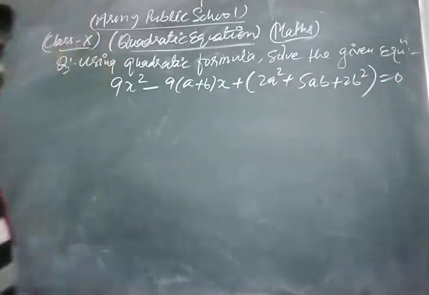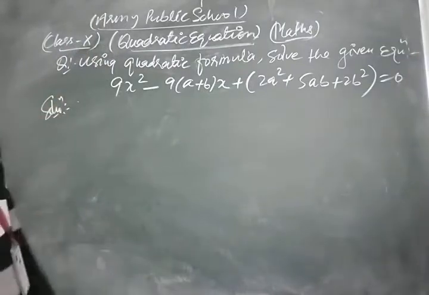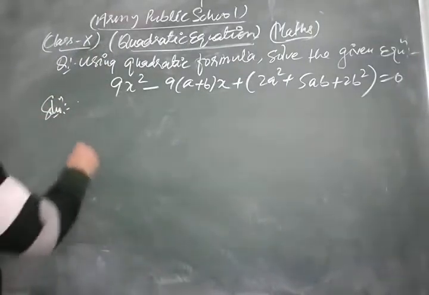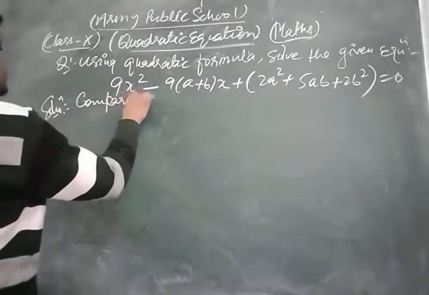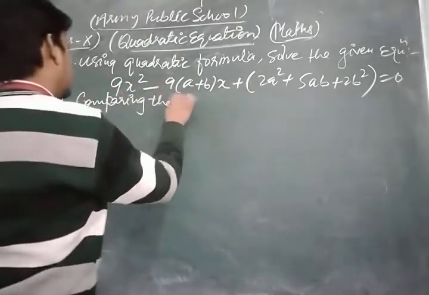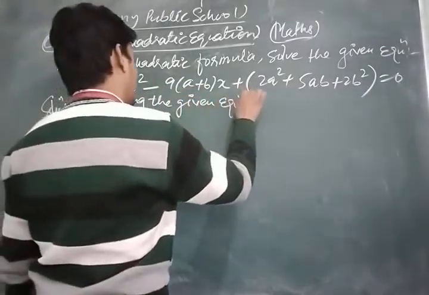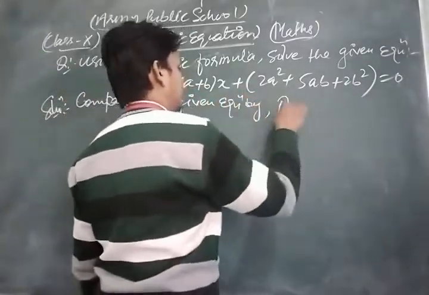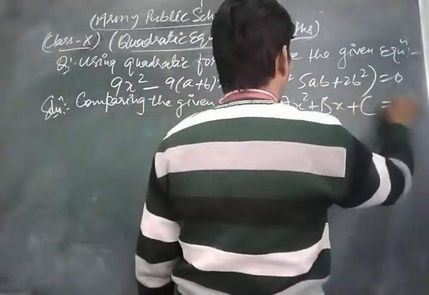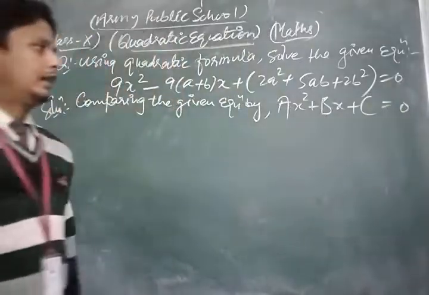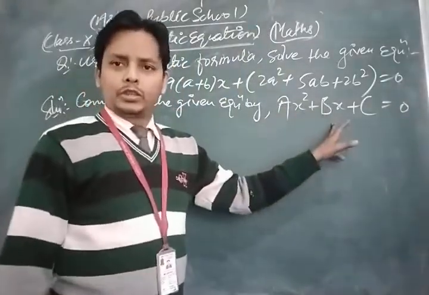equation with the general form. Now let's see its solution. Comparing the given equation with ax square plus bx plus c is equal to 0, because, dear students, this is the general form of the quadratic equation.